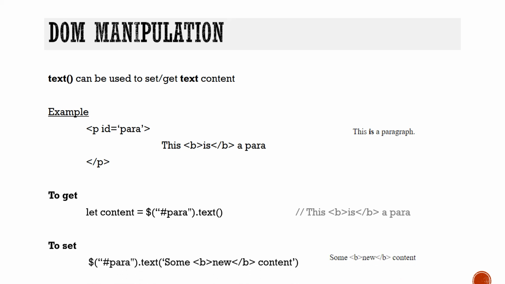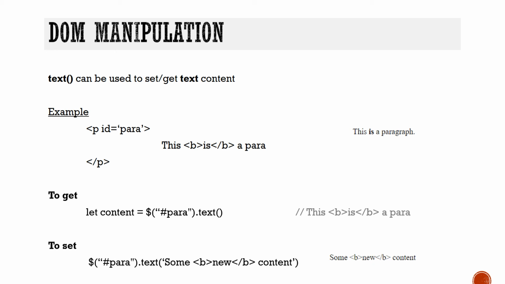Similarly, to set or update the text inside of any specifier, we again make use of the text method. The only difference between HTML and text is that everything will be treated as text only.